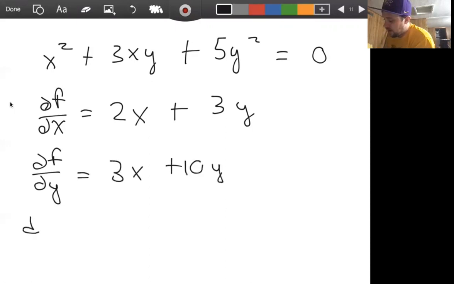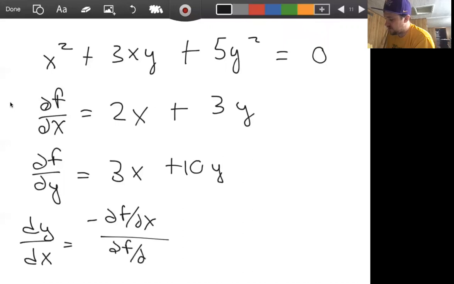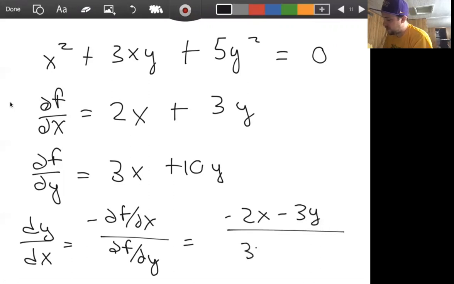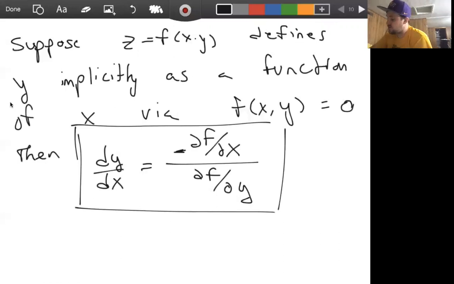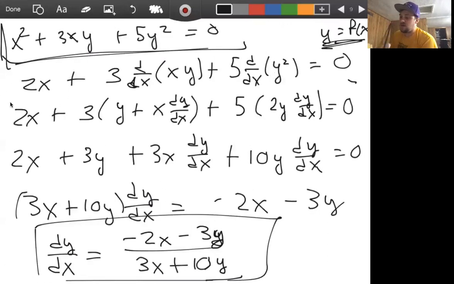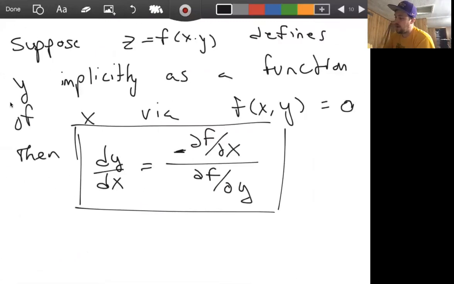And so now by our formula, negative partial f partial x over partial f partial y, we get negative 2x minus 3y all over 3x plus 10y. And this is so much easier. We came to the same result much, much faster than strictly using single variable calculus. And so that's the point of this.